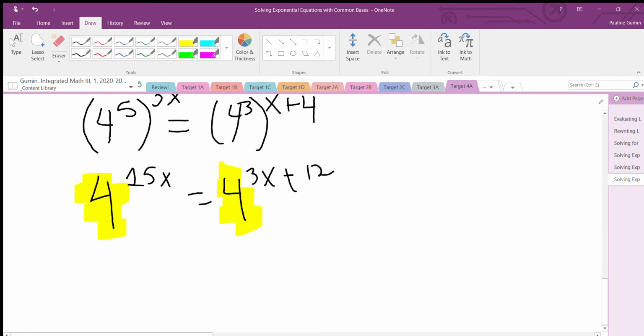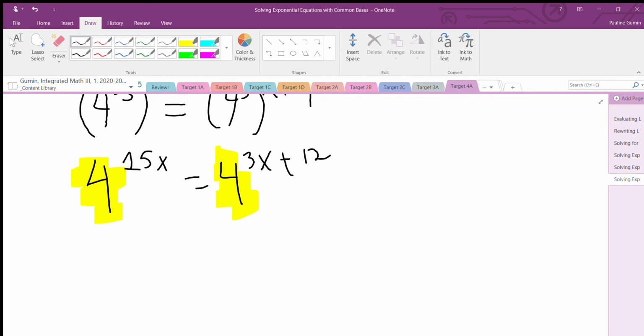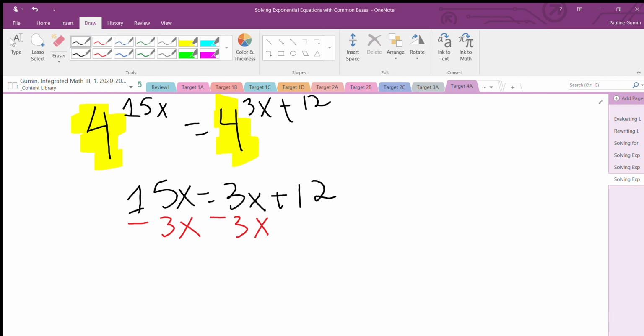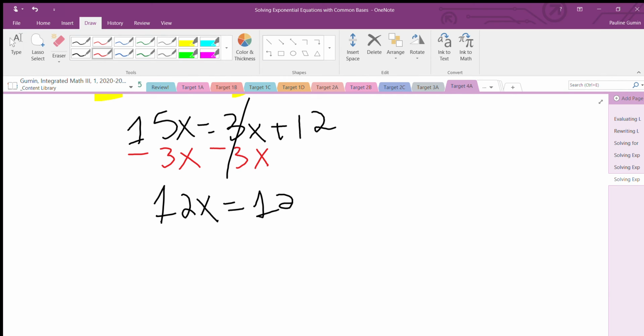So, farewell, 4. And we have 15x equals 3x plus 12. Let's get those x's on the same side by subtracting. So we have 12x equals 12. How beautiful. Let's just divide both sides by 12. X equals 1.